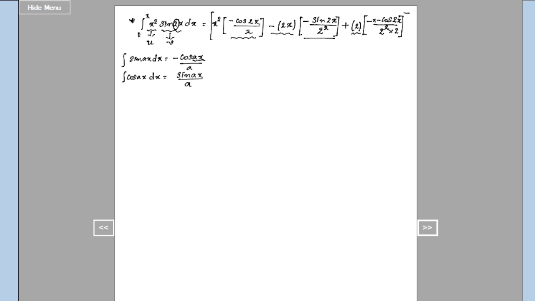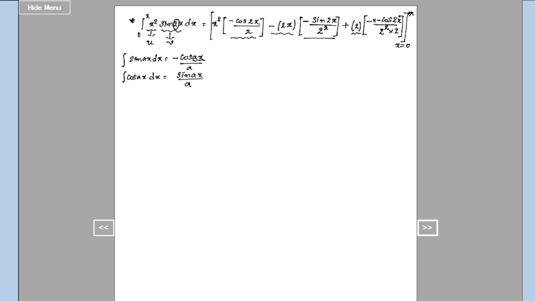Now apply the limits for this integral, x equal to 0 to pi. As I defined in the previous problem, for the trigonometric function, sine 0 is 0 and sine n pi is 0.